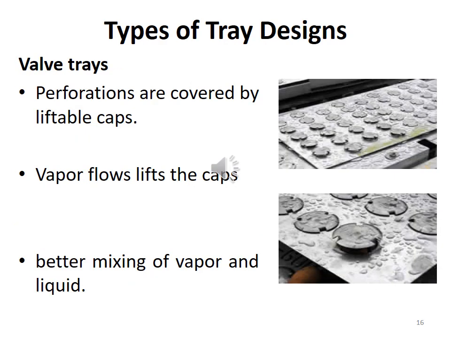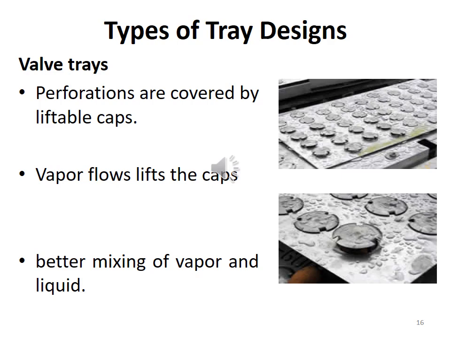In valve trays, certain perforations, certain holes are present, and these perforations and holes are covered by liftable caps. Vapor flows and lifts the cap, thus self-creating a flow area for the passage of vapor.